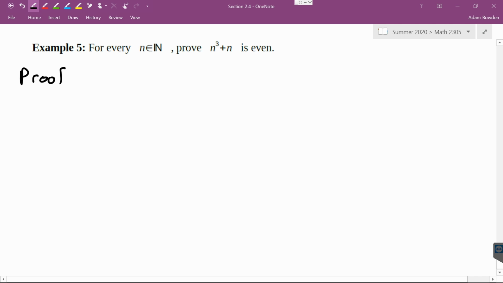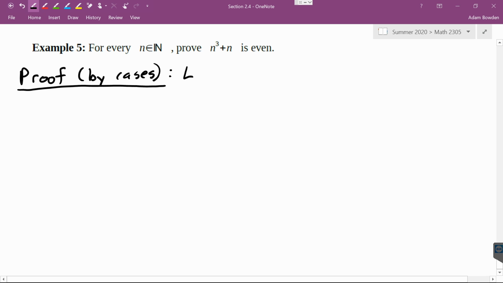So just like the last one, I'm going to have to do proof by cases here. But we have to consider what cases we are dealing with. Well, it can either be even or it could be odd. There's only two cases here to work with.